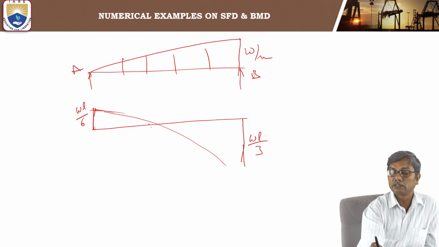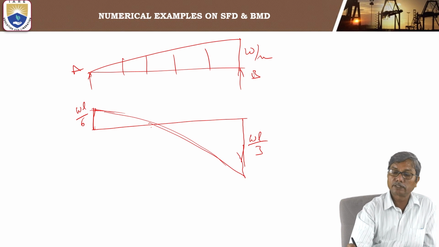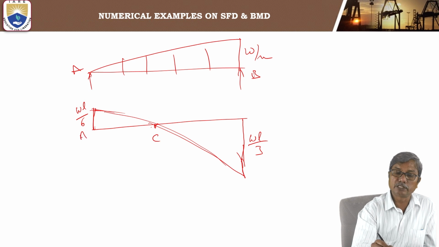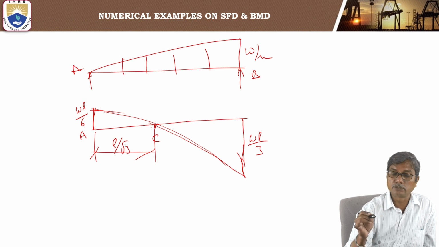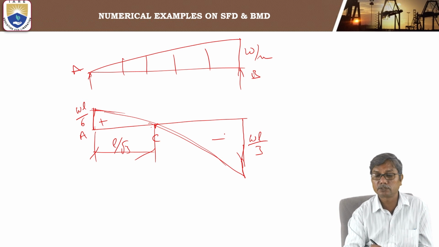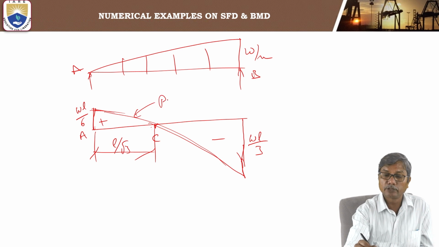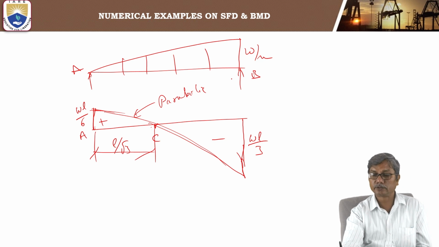It varies something like this. This is the point C, where the shear force changes sign, which is at a distance of L by root 3. There is positive shear force and negative shear force, and this is parabolic variation, not a straight line.